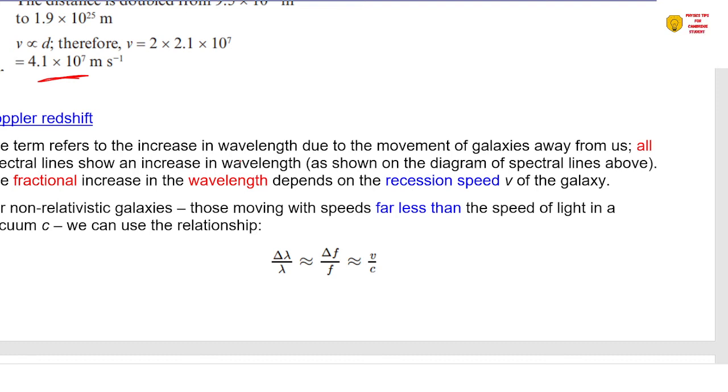Right? So for non-relativistic galaxies, those moving with speeds far less than the speed of light in vacuum c, we can use the relationship delta lambda over lambda is equal to delta f over f, which is equal to v over c, to find the speed with which they are moving.